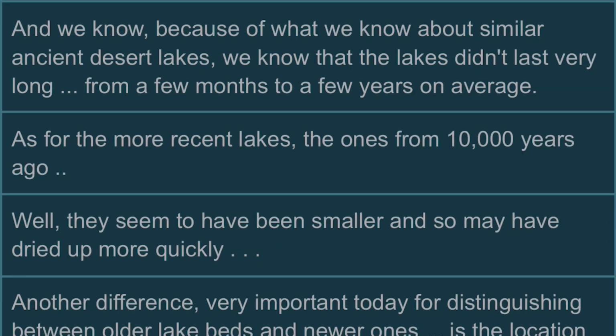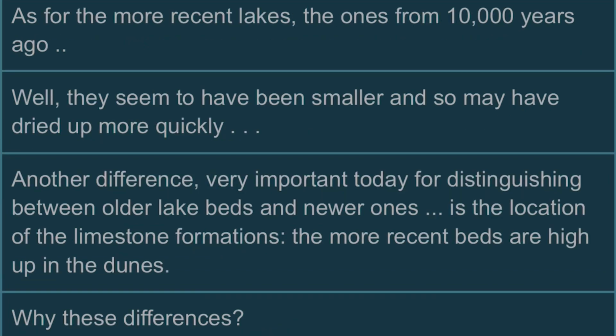And because of what we know about similar ancient desert lakes, we know that the lakes didn't last very long, from a few months to a few years on average. As for the more recent lakes, the ones from 10,000 years ago, well, they seem to have been smaller, and so may have dried up more quickly.